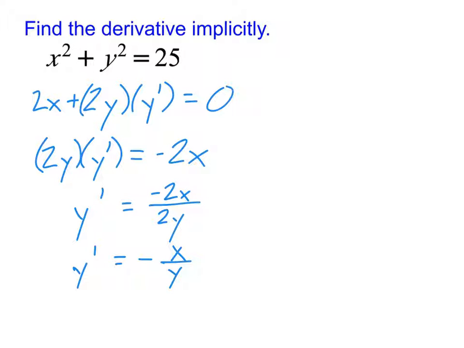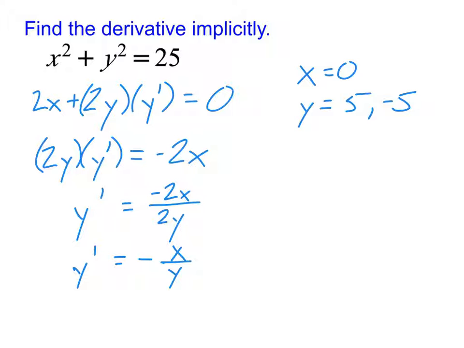Notice what this does then. If I have some point on the circle, I can plug it in now and figure out what's the slope. For instance, knowing that this is a circle here, let's say that x was 0. If x is 0, what's y? If x is 0, y could be either 5 or negative 5.